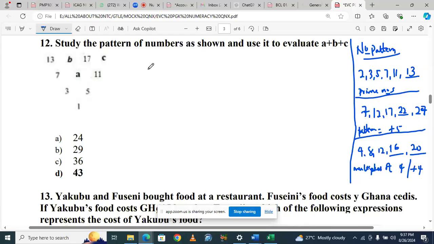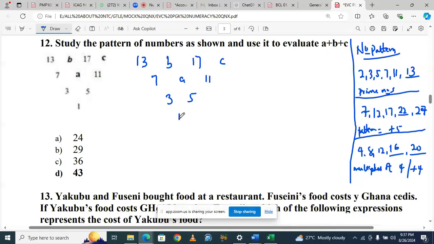Now let's see. In this question, we have 13, B, 17, C, 7, A, 11, 3, 5, 1.